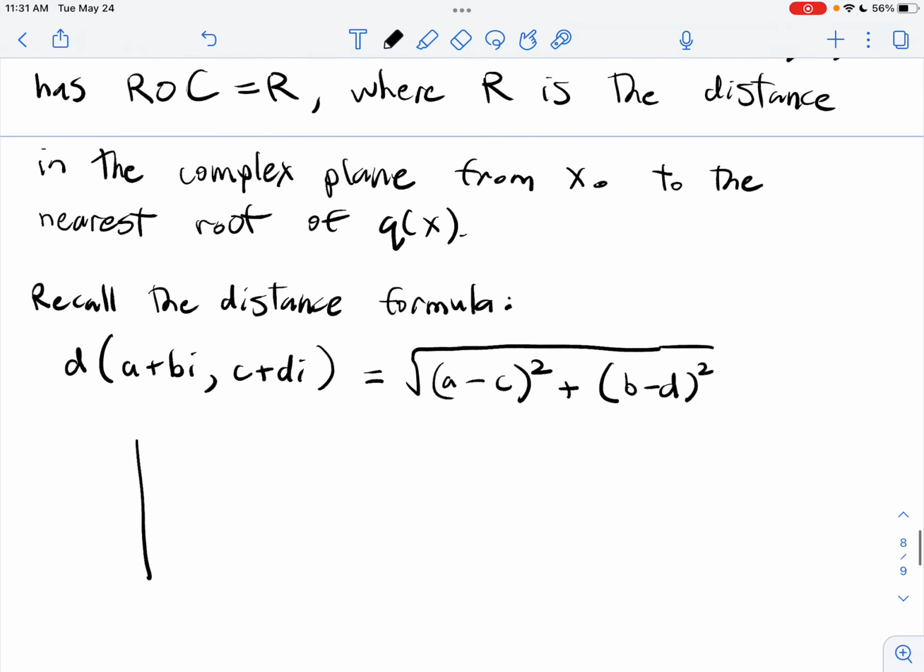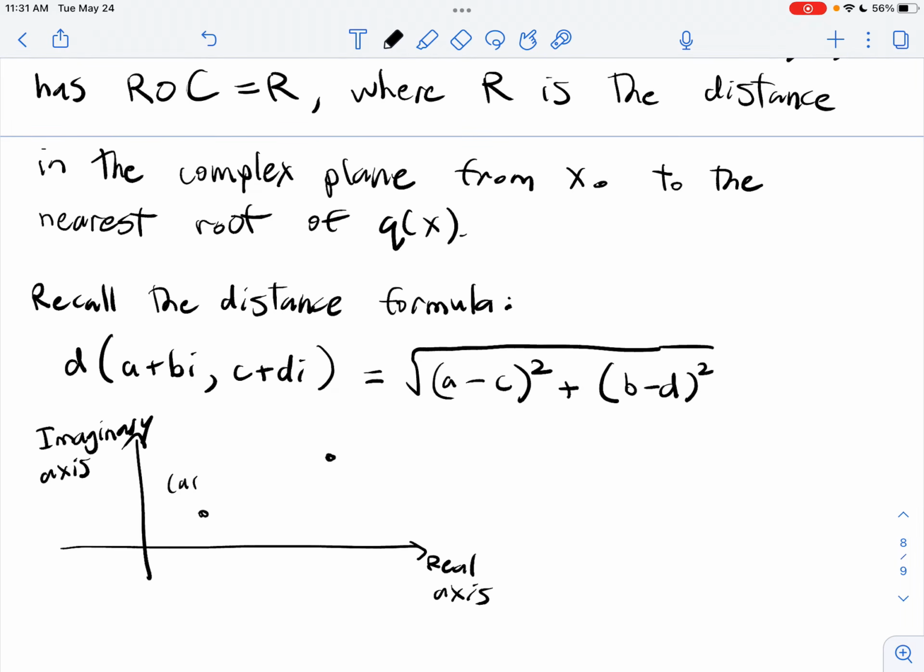This would be the same thing. So just to give you guys a visual here, if this is the real axis and this is the imaginary axis, if this point is a plus bi, then remember this is a and this is b.